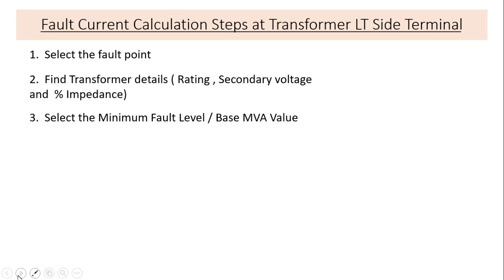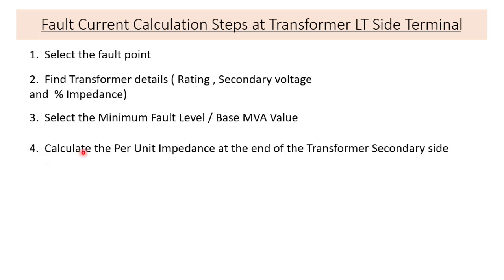Then third is to select the minimum fault level or base MVA value, which we consider from 0 to 100 MVA. Generally we assume a 70 MVA or 75 MVA base value during the calculation. Then calculate the per unit impedance at the end of the transformer secondary side.